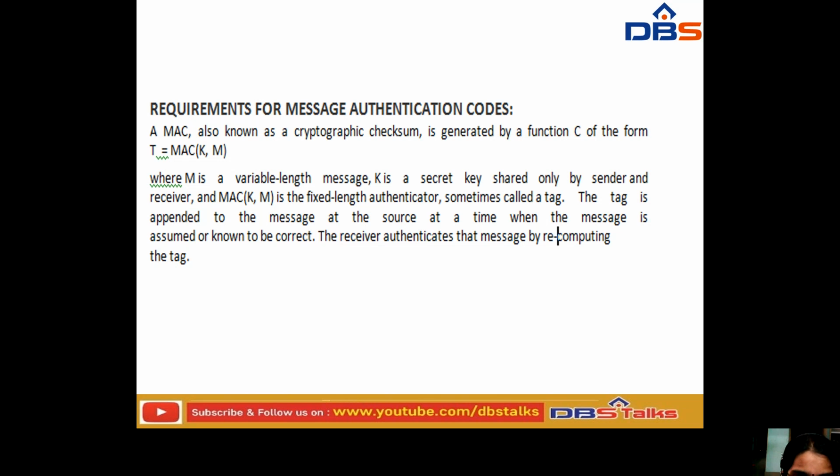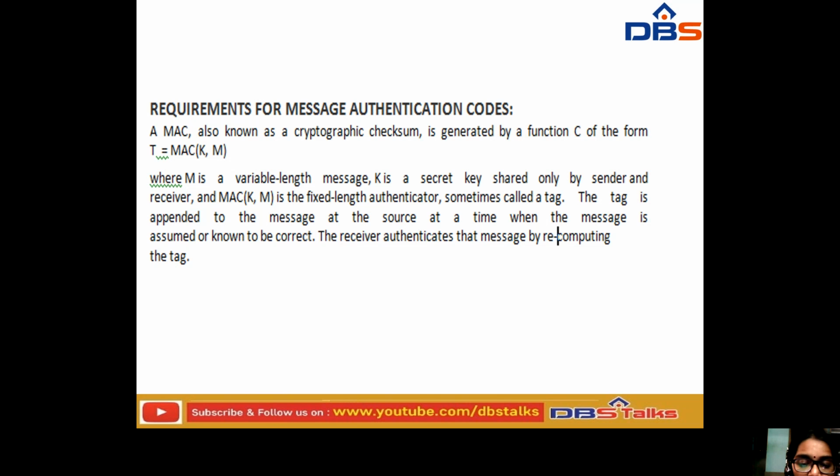The tag is appended to the message at the source at a time when the message is assumed to be known or correct. Then the receiver authenticates that message by recomputing the tag. How do we generate that tag? At the time we send the message, we append, that is, add, the tag to that message, such that the message is assumed to be known to be correct.